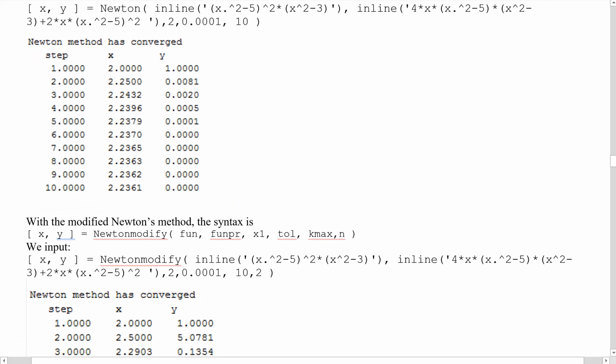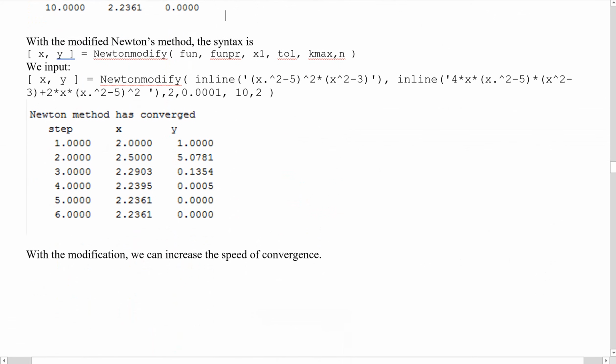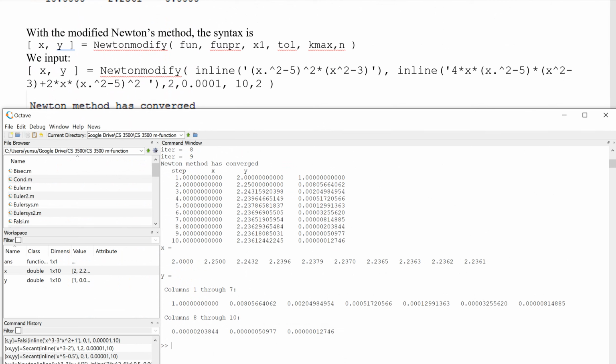How about the modified Newton's method? The modified Newton's method has a different syntax. But keep in mind, here the Newton's method converges, but it takes 10 steps to converge. Now let's look at the modified Newton's method.